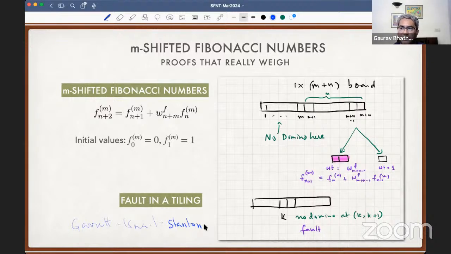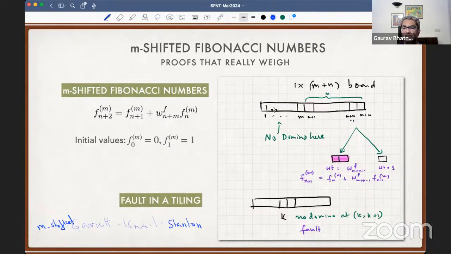They have some identities for shifted Fibonacci numbers, where this power is not just q raised to the power n minus 1, but it could be n or n plus 1 and so on. So they have an idea of m-shifted q Fibonacci numbers, and they have some identities which come up from very famous identities for m-shifted Fibonacci, Rogers-Ramanujan identities. So how does that get defined here?